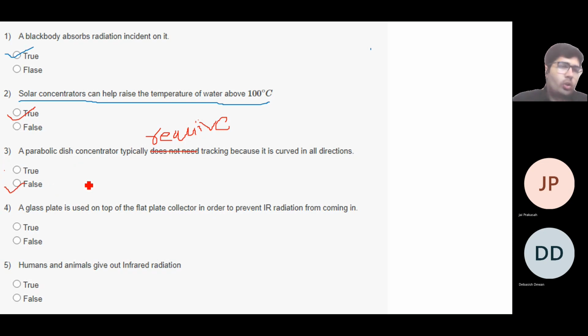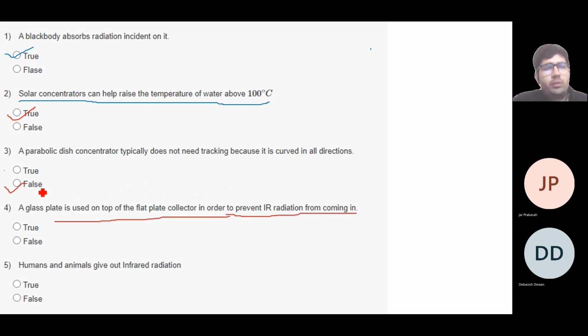A glass plate is used on top of the flat plate collector in order to prevent infrared radiation from coming in. We have covered the flat plate collector.